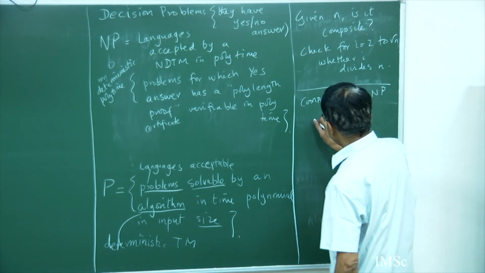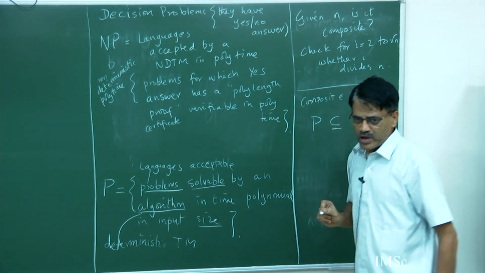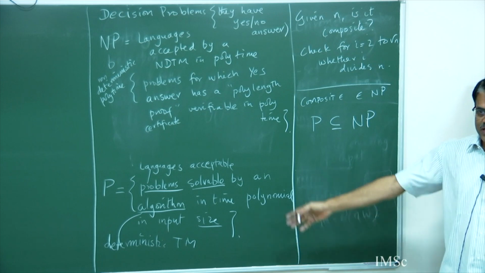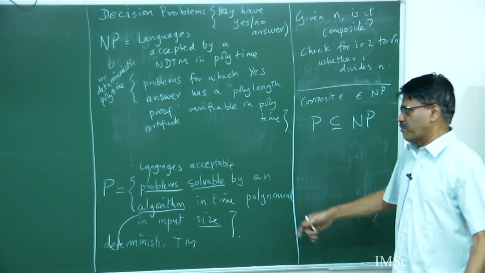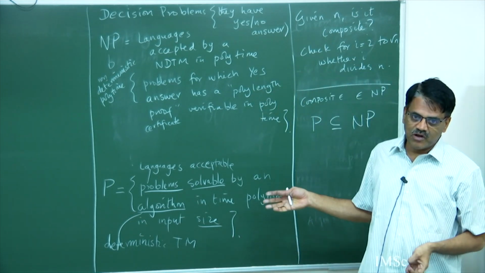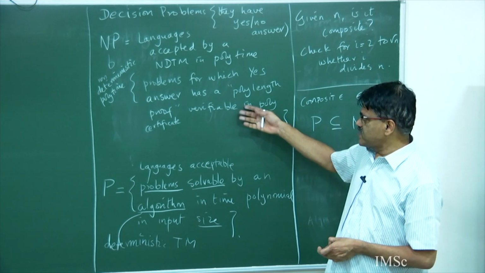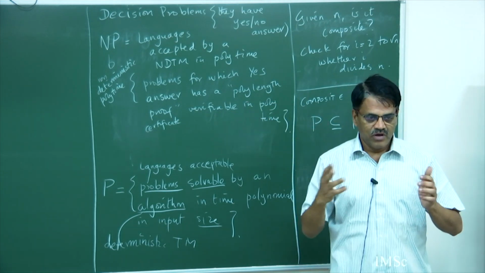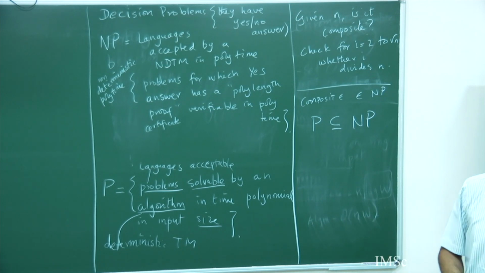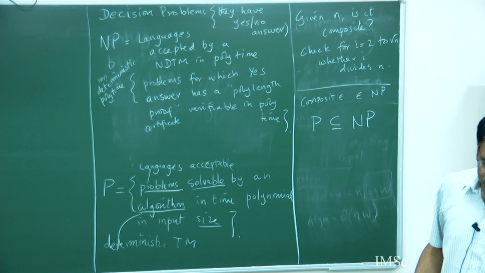But notice that anything in P is in NP, right? Do you see why? If you understand in the language of Turing machines, it's immediate, because if a deterministic Turing machine can solve it, then a non-deterministic Turing machine will also solve it. But in this language of proof and verification, how do you show that anything in P is in NP? Exactly.